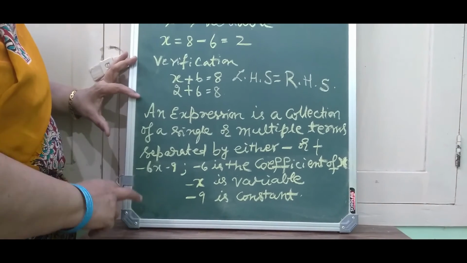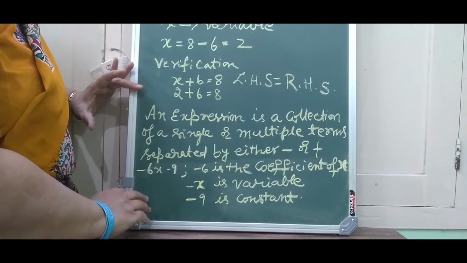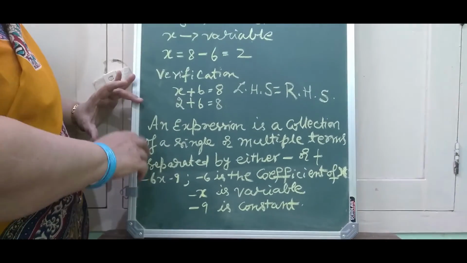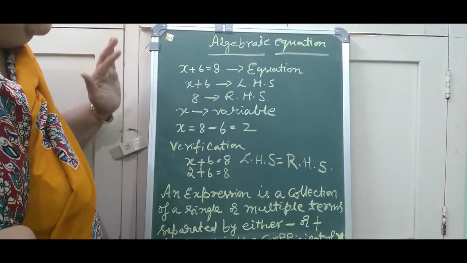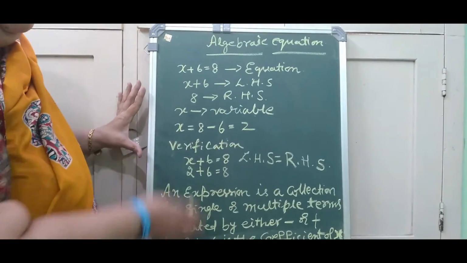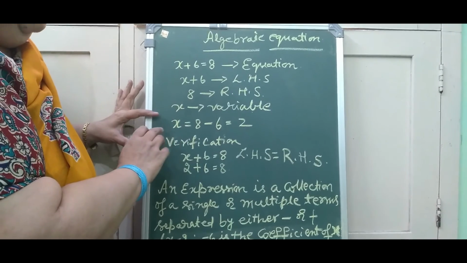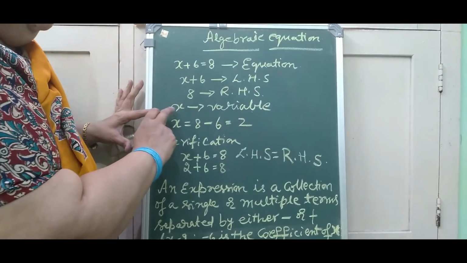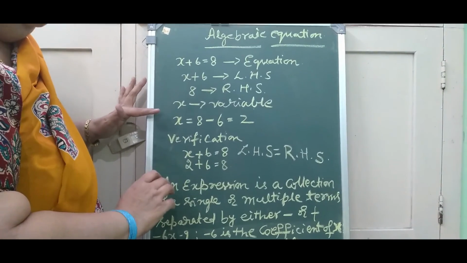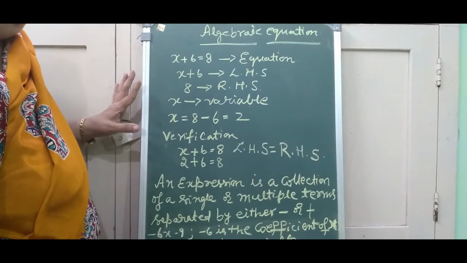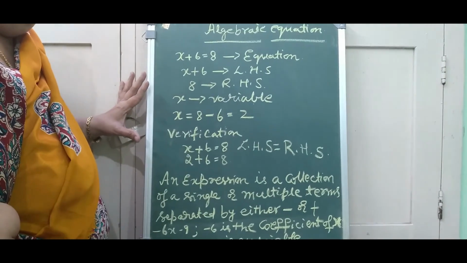I have taken one more example for the algebraic expression. You can compare this with the upper part, the algebraic expression and the equation. Don't get confused between these two. In an algebraic equation, we can solve for the value of the variable. If a single variable is there, we can find its value, and also when there are two variables we can find the values.